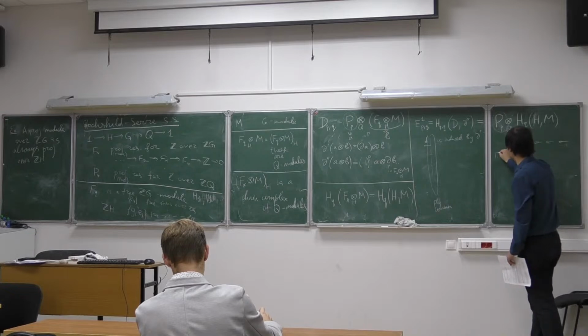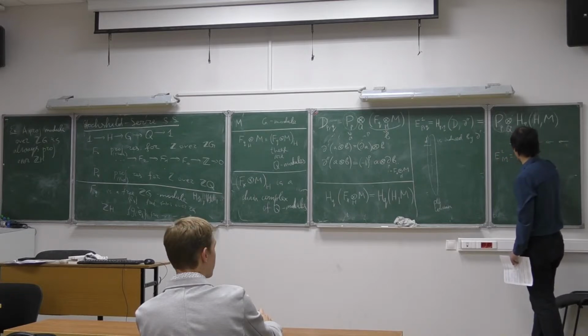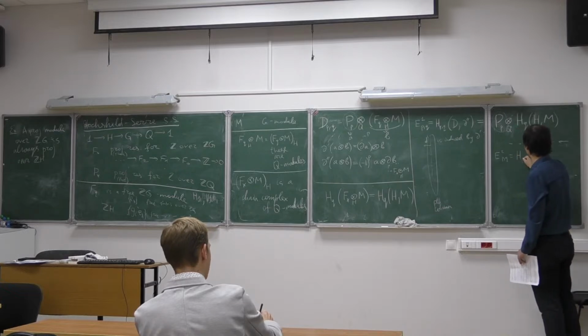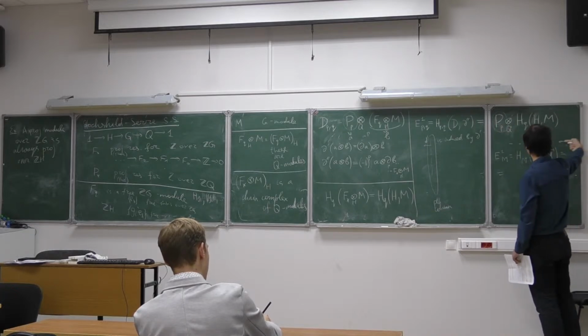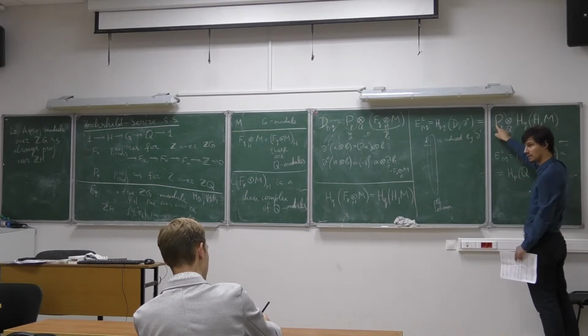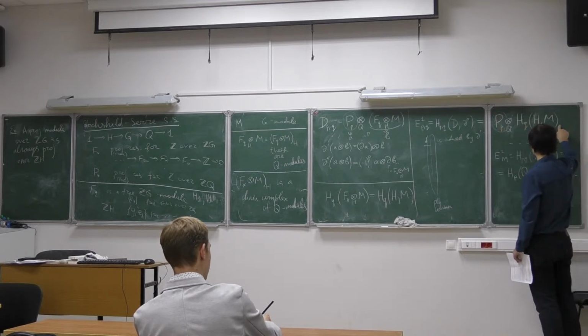The E2 PQ is by definition the cohomology of E1 with respect to D1, and it is by definition the homology of this row, and it is by definition the pth homology of the group Q, since it's a resolution for Q, with coefficients in this Q module.